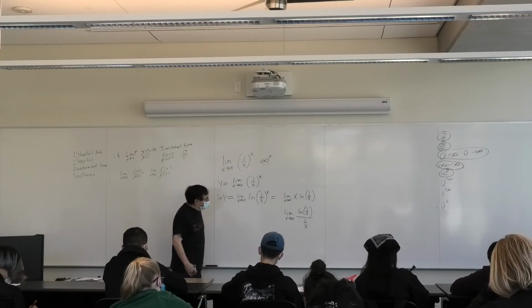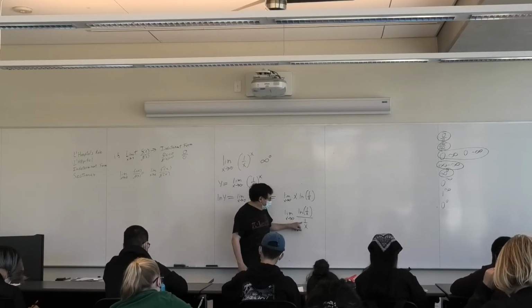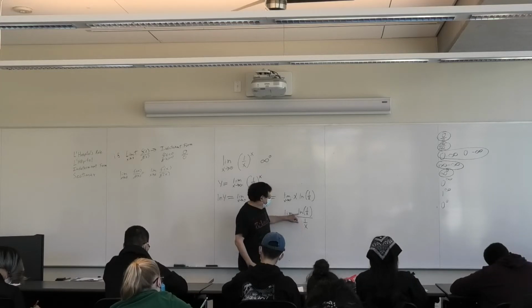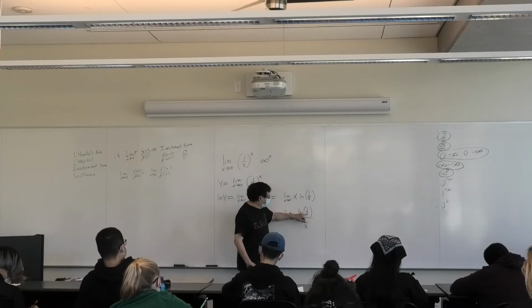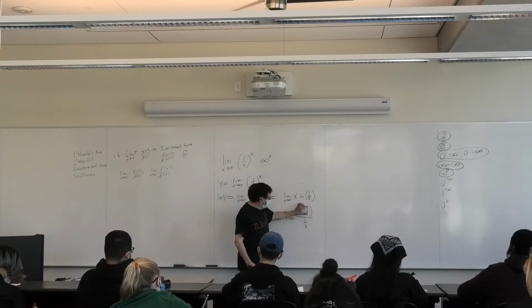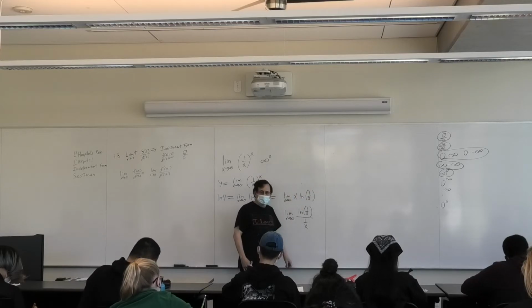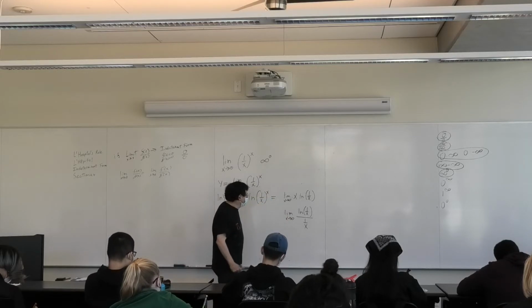Well, we better check again and see if we're on the right track. x goes to 0, 1 over x goes to infinity. Log of 1 over x, well, as x goes to 0, this goes to infinity. And the log goes to infinity. So we're good. We can apply L'Hopital's rule.